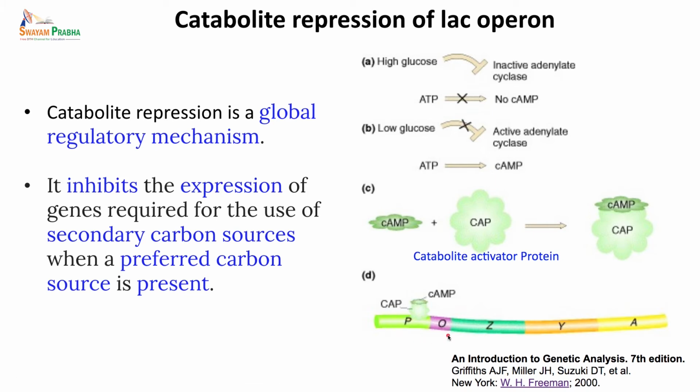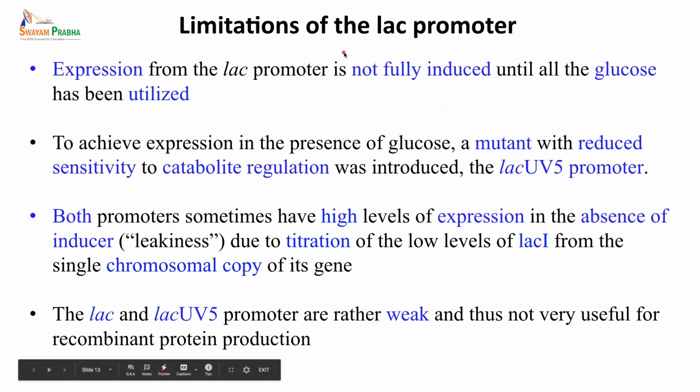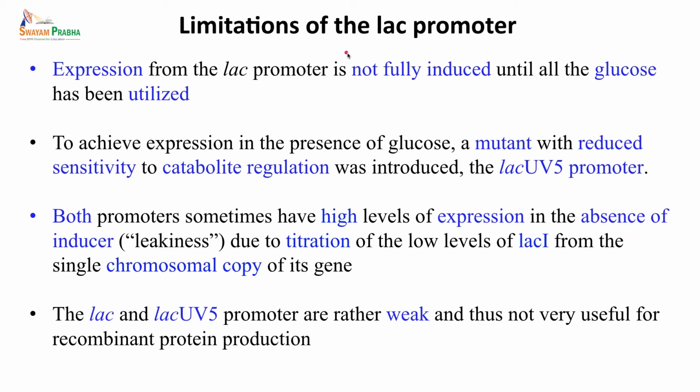So basically, if you're using lac-Z and its promoter and operator sequences in a vector, those sequences are going to be regulated by the catabolite repression mechanism. So then what will be the limitations? One will be that the expression from this lac promoter will not be fully induced until all the glucose has been utilized by your E. coli.